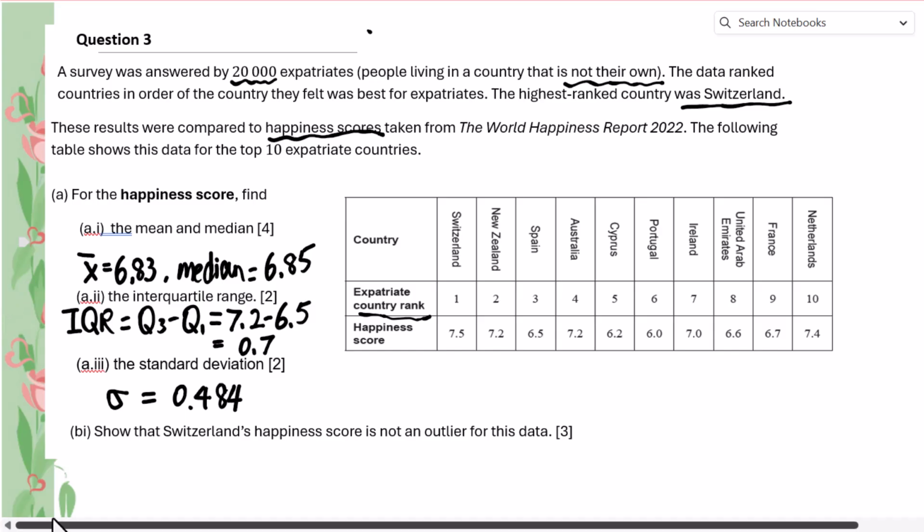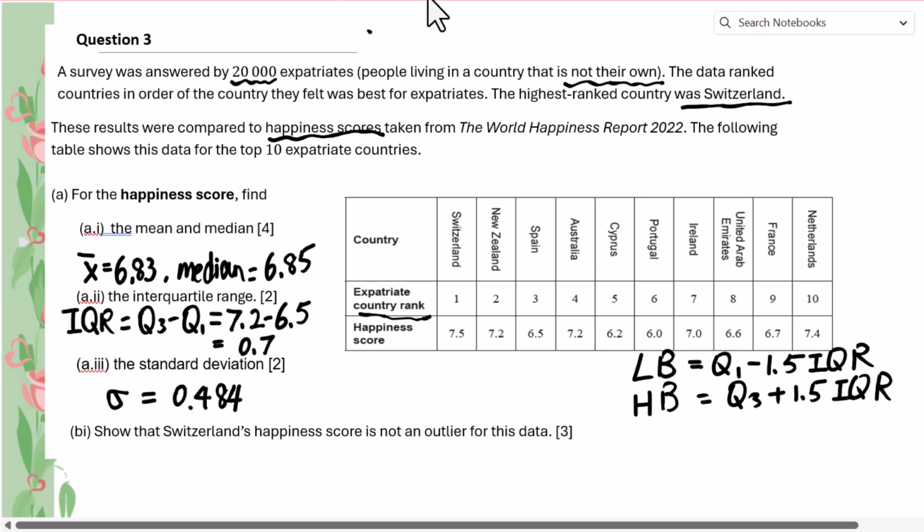B1 shows that Switzerland's happiness score is not an outlier for this data. We have a lower boundary equals Q1 minus 1.5 IQR. We also have a higher bound equals Q3 plus 1.5 IQR.